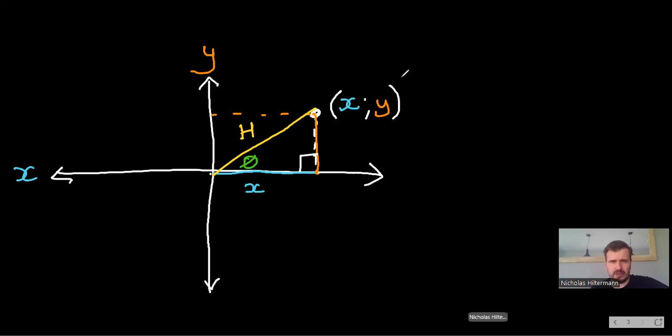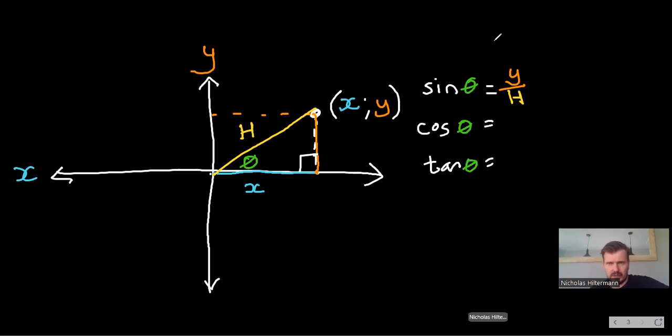So let's have a look at it. Sine, cos, tan, and we'll do the green angle. So what's opposite here is a Y, and the hypotenuse is an H. And what do we have?